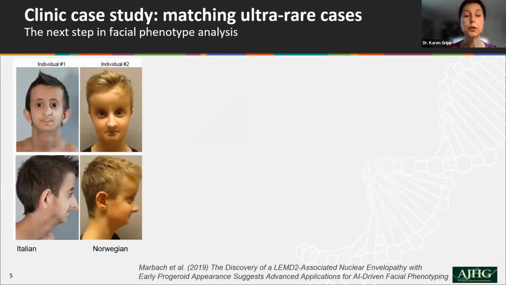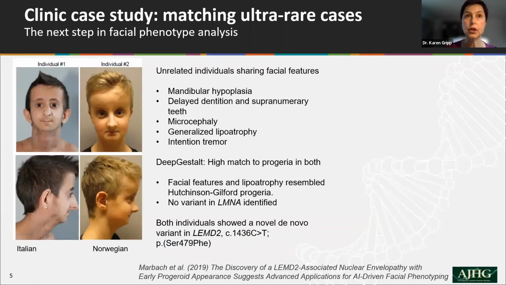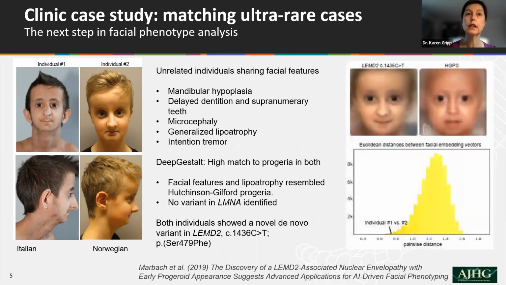So these here are two patients, one of Italian, one of Norwegian ancestry, unrelated to each other. These patients had their facial features analyzed with Deep Gestalt, and a comparison for each of them was made to Hutchinson-Gilford progeria.